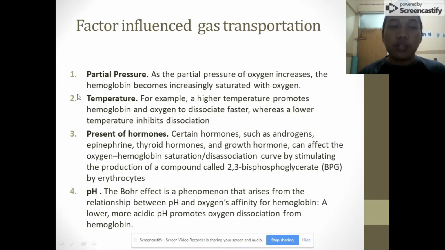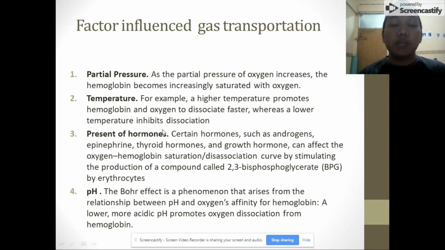The second one is the temperature. A higher temperature promotes hemoglobin and oxygen to dissociate faster, whereas a lower temperature will inhibit the dissociation.